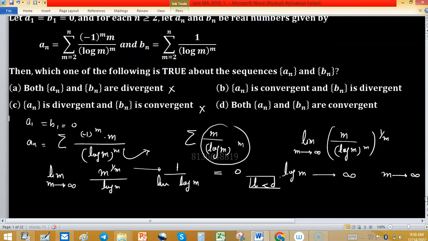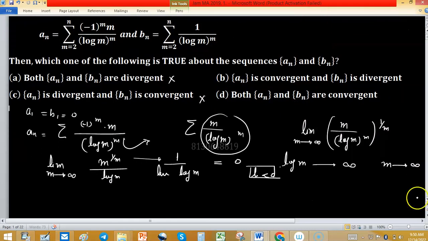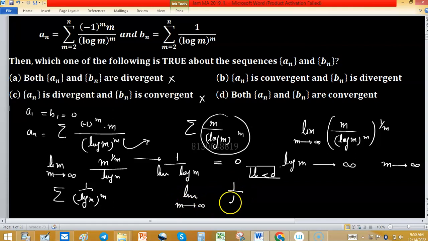bn, the other series. We consider bn as the summation of 1 over (log m)^m. It is obvious after applying the root test: the limit as m tends to infinity of 1 over (log m)^m, whole to the power 1/m.